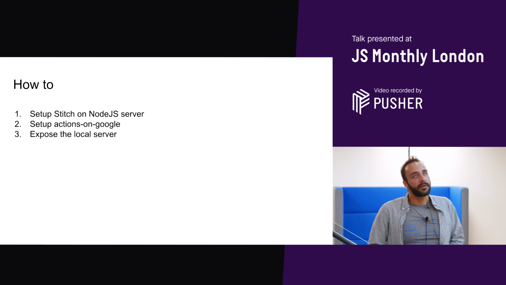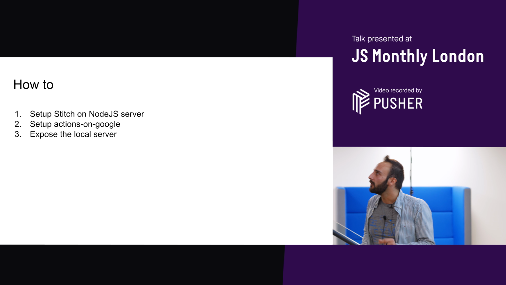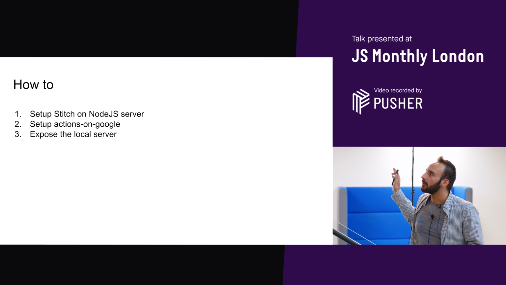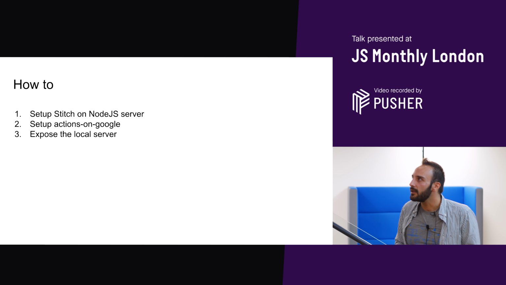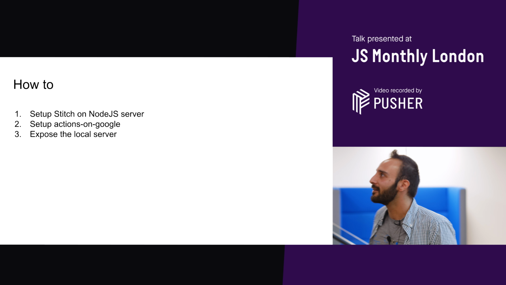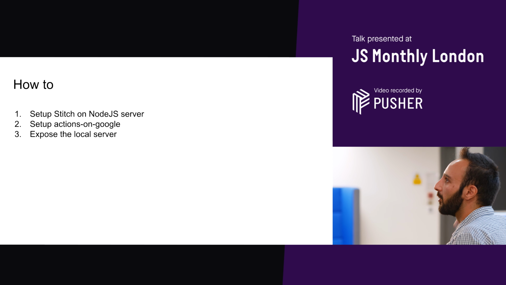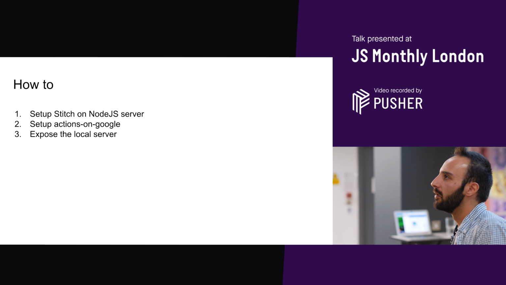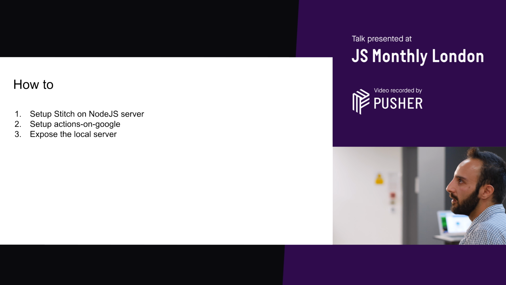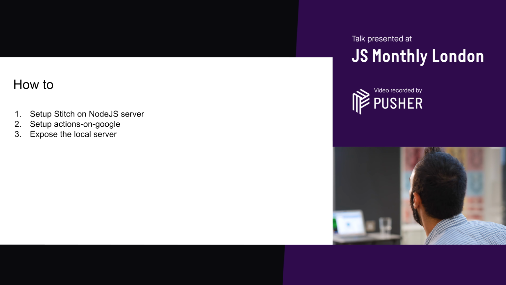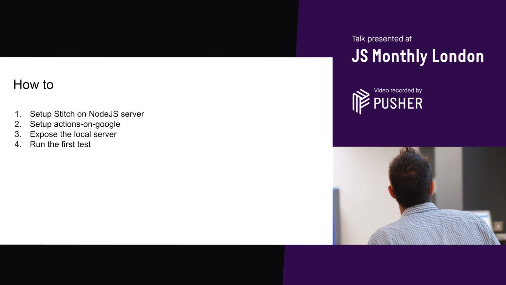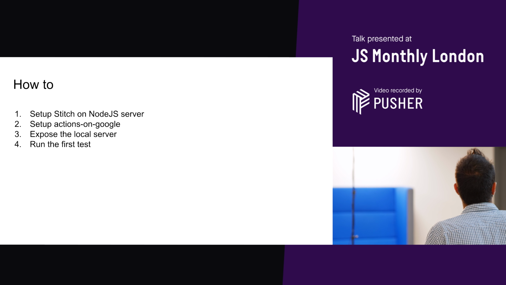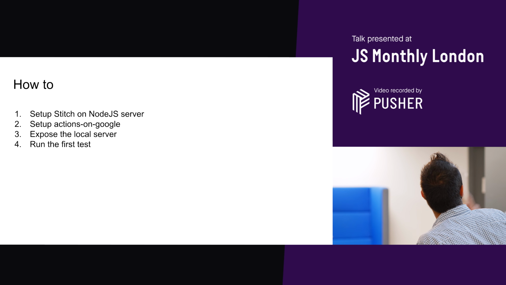Then we expose the local server, just one little thing to do. Instead of deploying it on a live production place to access it from outside, we are going to expose our internal server from the laptop, and then Google will be able to grab that and send us events from the agent.